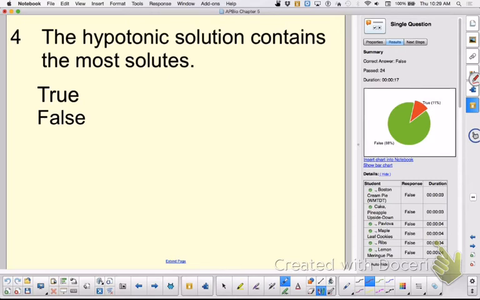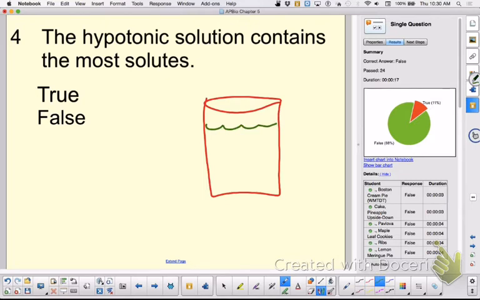So, let's review. Here I have a beaker, and I have some sort of cell in here. It says the hypotonic solution contains the most solute. Hypo means low.